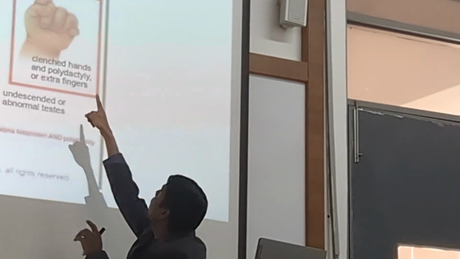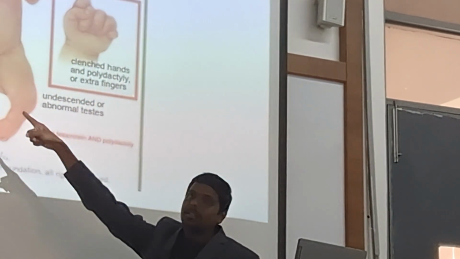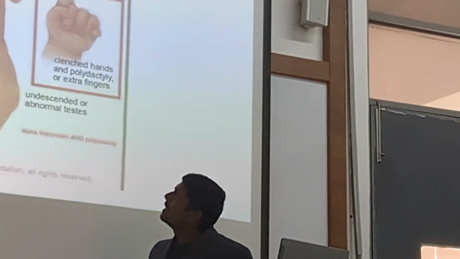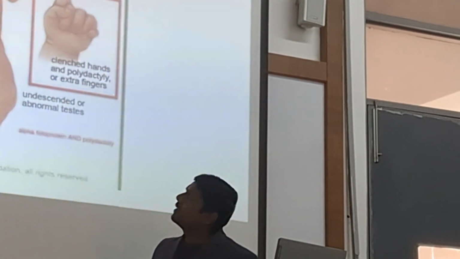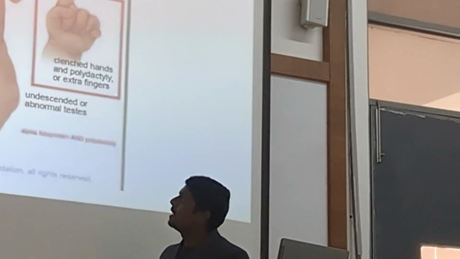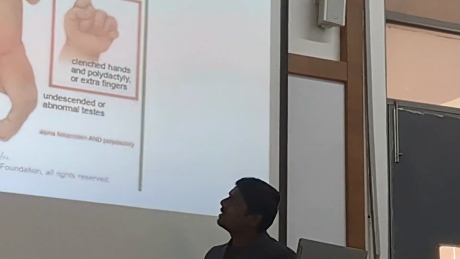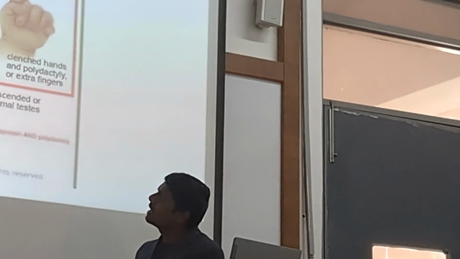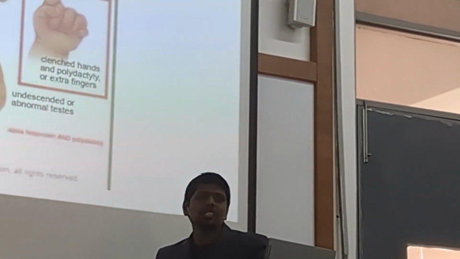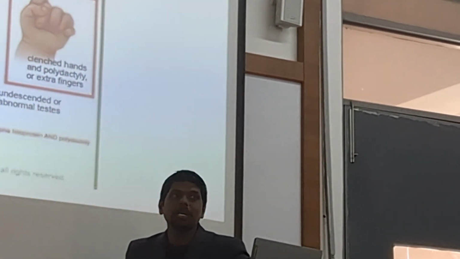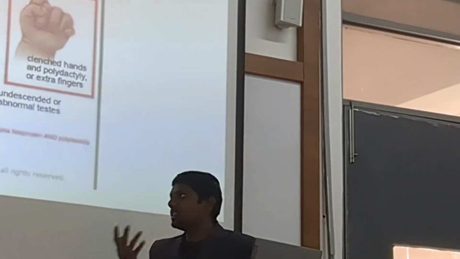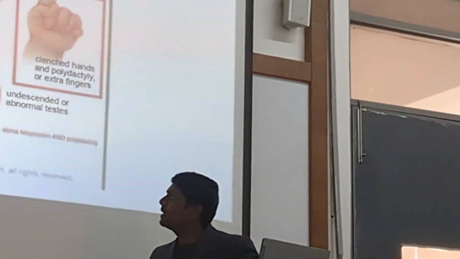Multiple fingers is called polydactyly. I don't know how to pronounce it. And 80% will die within the first year, and it can be diagnosed prenatally. Diagnosed means just identifying, but not treatment. Keep in mind, we might detect it, but there is no treatment.